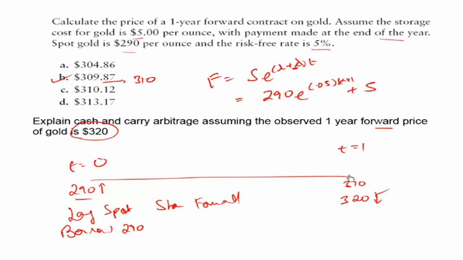Let's see the profit that we'll make. So we borrowed 290 and bought 1 gold. At the end of 1 year, we sold it for 320. So at t equal to 1, our inflow will be 320.